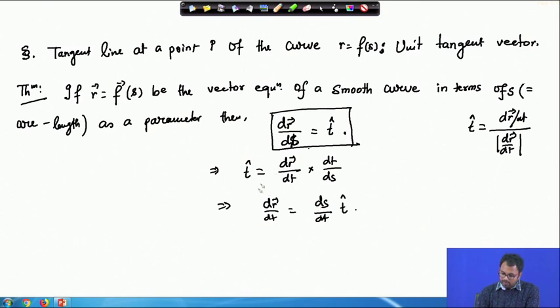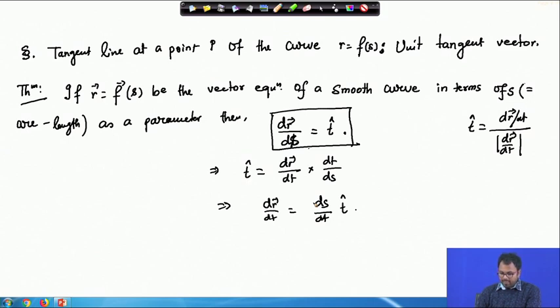This formula gives us the tangent vector where the equation of the curve is given in terms of s, as ds/dt times the unit tangent vector T. So let us see how we can calculate this unit tangent vector T cap.